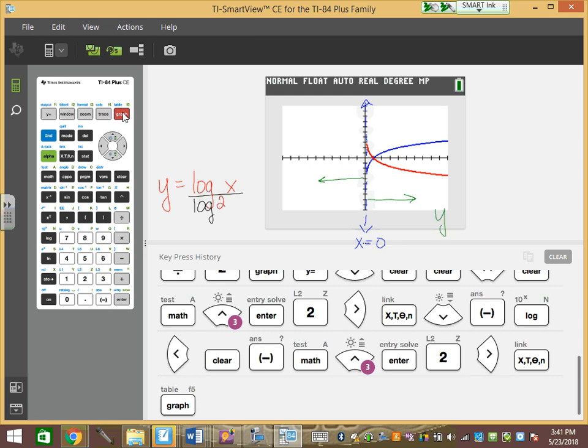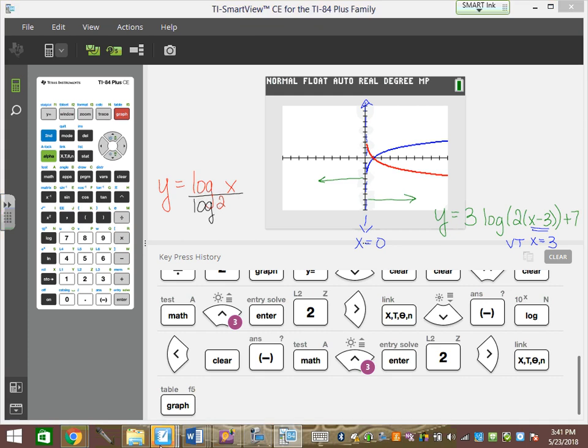What does that mean? If we have y equals 3 log of 2x minus 3 plus 7, I actually have a vertical asymptote at x equals 3. Why? Because it's the only thing that moves it, and my log graph is normally situated at x equals 0. Okay.